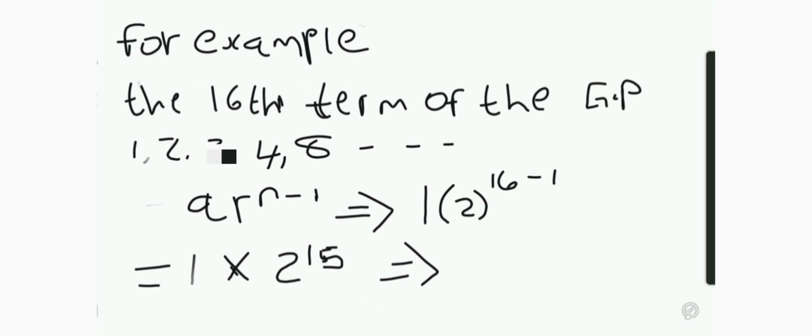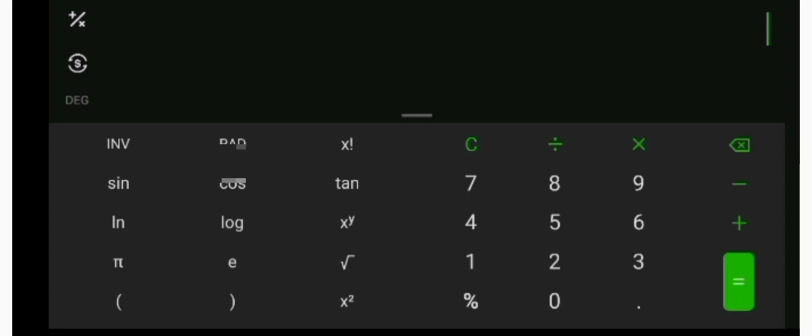So this we're going to calculate now, 2 raised to power 15. So you can punch your calculator there. I'm showing you a live view of my own calculator here. 2 raised to power 15.